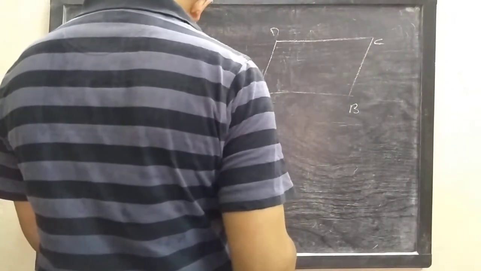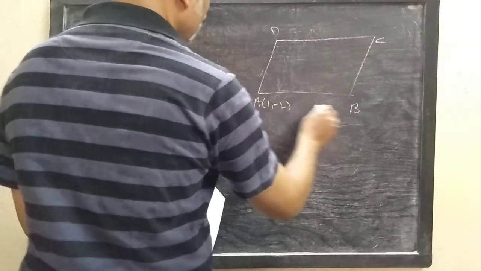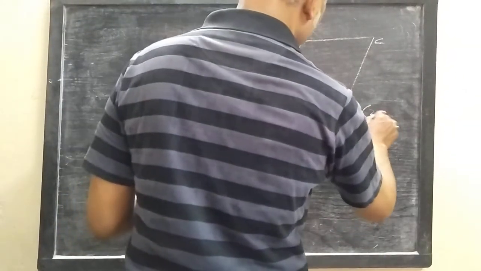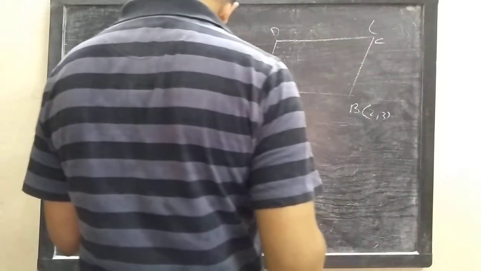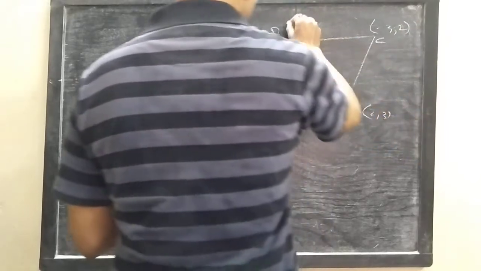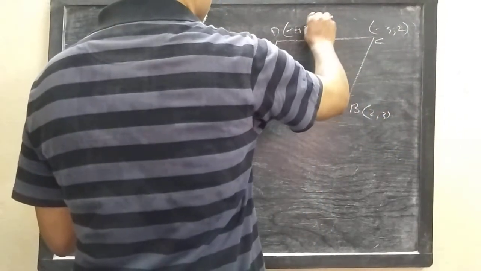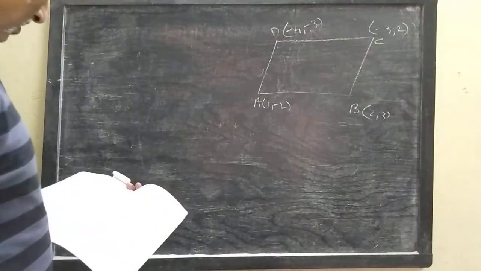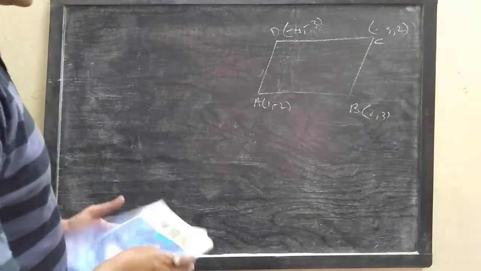The coordinates of the vertices are A is (1, -2), B is (2, 3), C is (-3, 2), D is (-4, -3). At the vertices of parallelogram ABCD, taking AB as base, find the height of the parallelogram.